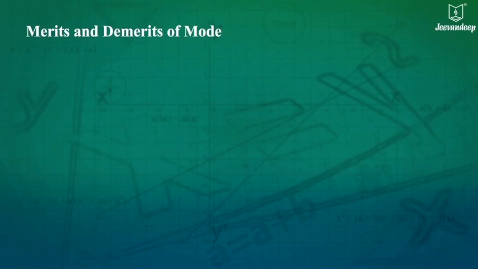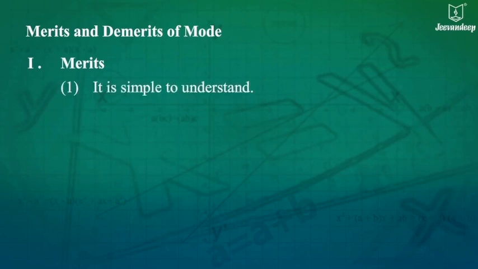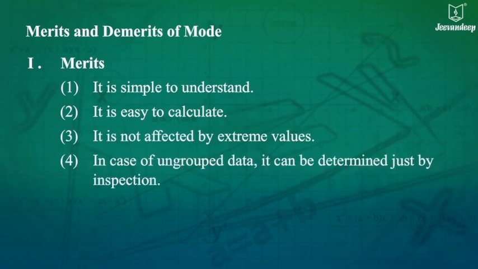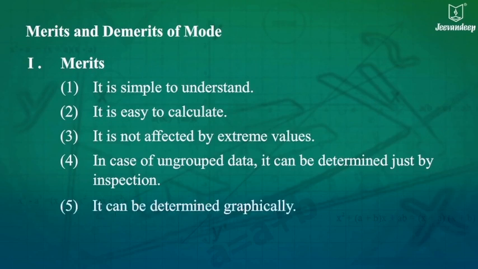Merits and demerits of mode. Merits. It is simple to understand. It is easy to calculate. It is not affected by extreme values. In case of ungrouped data, it can be determined just by inspection. It can be determined graphically.